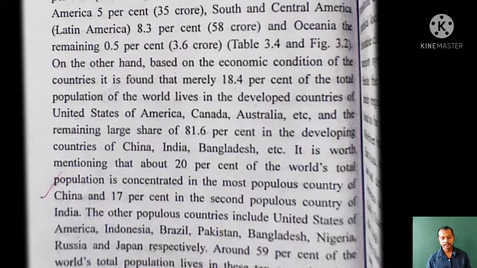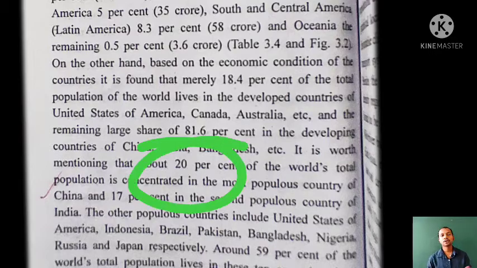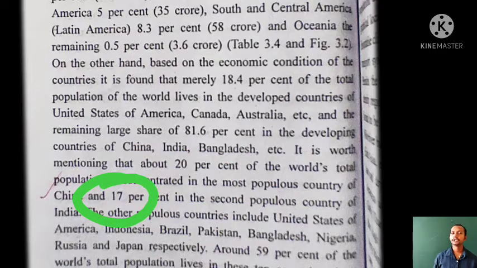Okay, dear friends, now if we look at it percentage wise, we are trying to see where the world's population is more. 20% of the whole world's population is found in China, and 17% of the world's population alone is found in India.